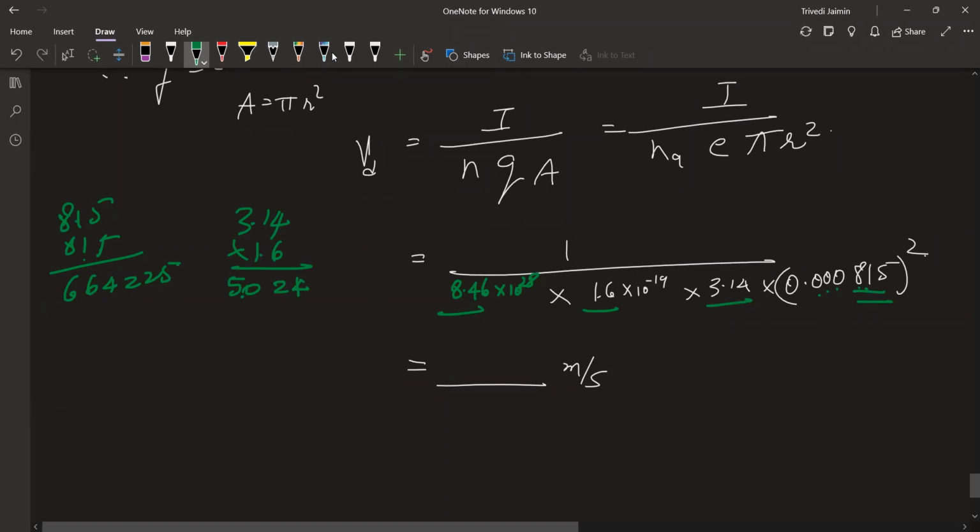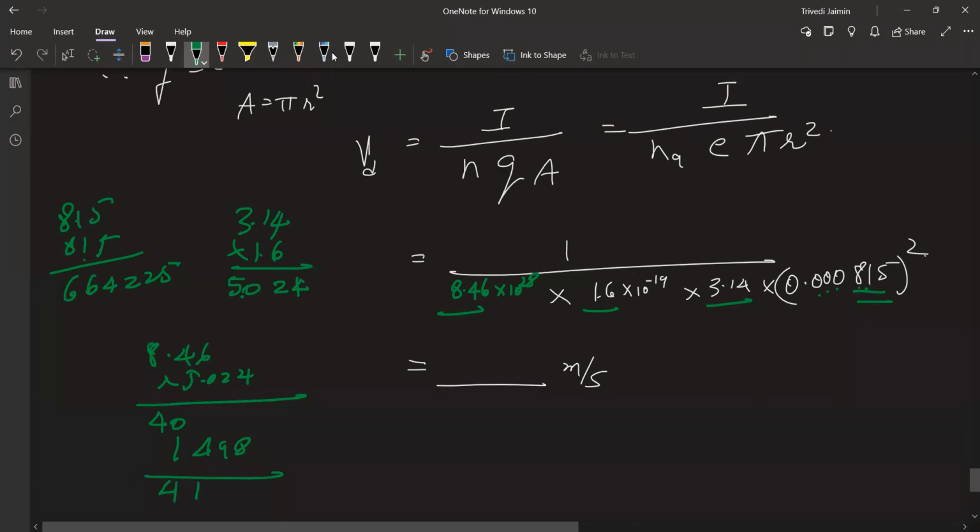So 5.024. So multiply by 5. 8.46 into 5.024. If we just multiply by 5, 5 eights are 40, 46, 49, 1498.